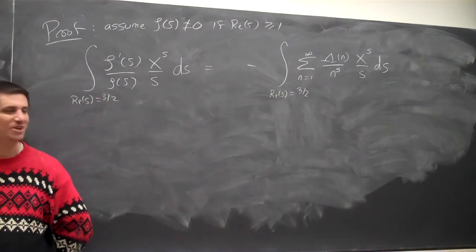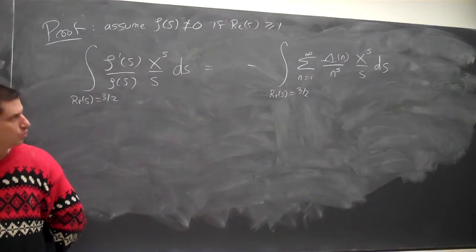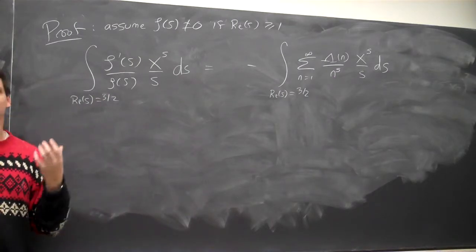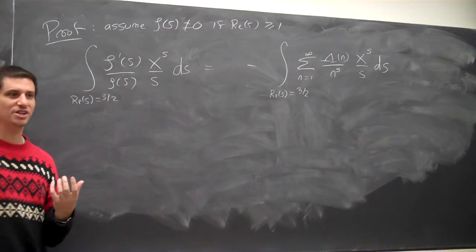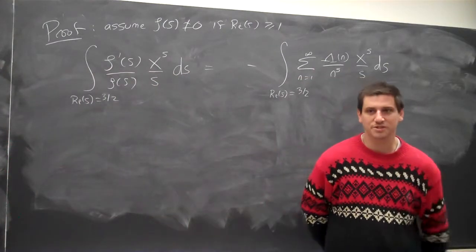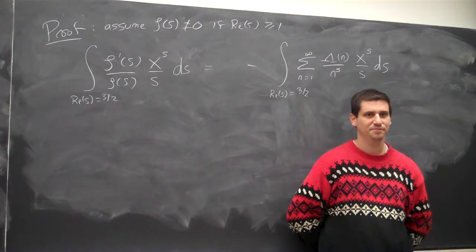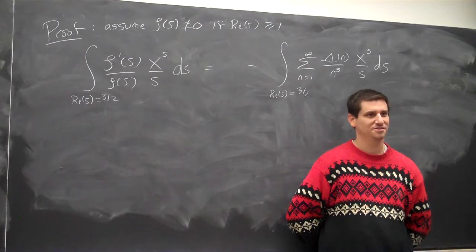Okay, so why do I care that it's greater than 1? One thing is I don't want to have any zeros on the line of integration. Zeros on the line of integration, poles on the line of integration scare me. That's one reason. There's another reason, it's more basic.